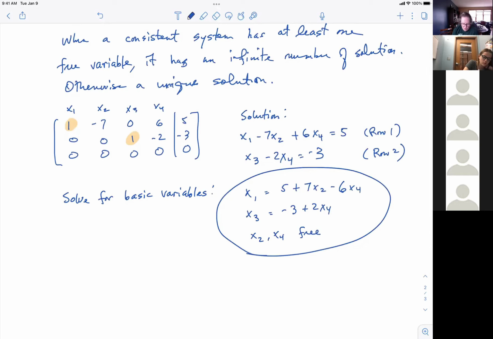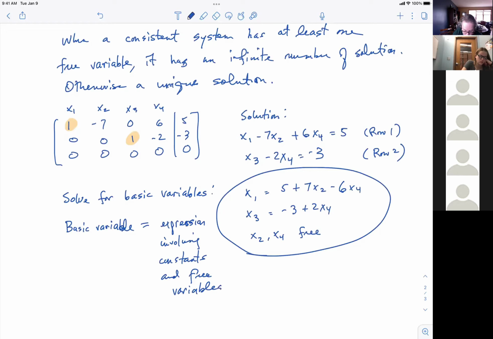But the general form that you want to keep in mind here is you want to have a basic variable equals some expression involving constants and free variables, but no other basic variables.